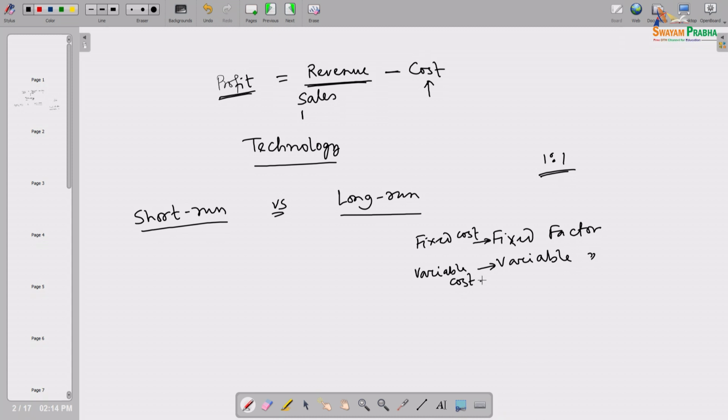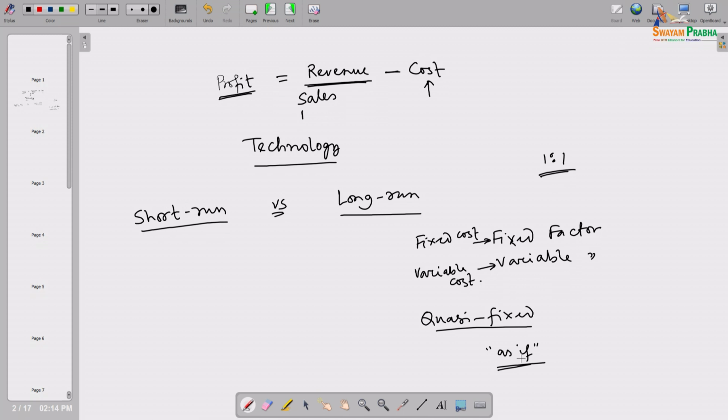Okay, let me clarify another factor, that is called quasi fixed factor. What is quasi fixed? Quasi in a dictionary meaning is as if.